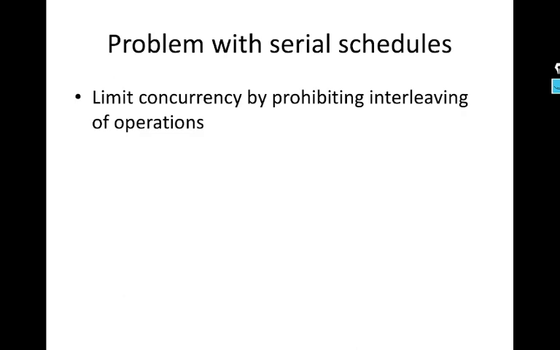There will be interleaving. That kind of interleaving won't be there in the case of serial transactions. If T1 is being executed and in between T1 has to do some other work, T2 cannot come and use the database, because we have already said that T1 has to complete first, and only then should T2 be executed.